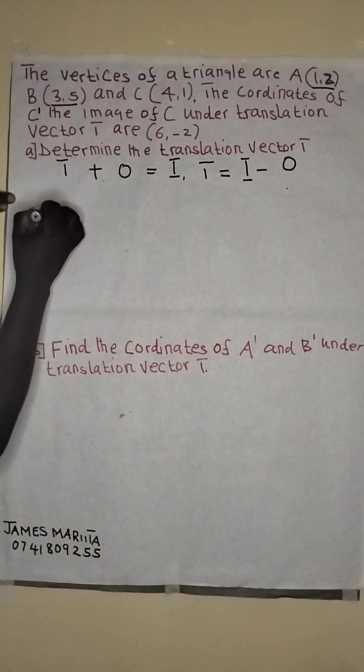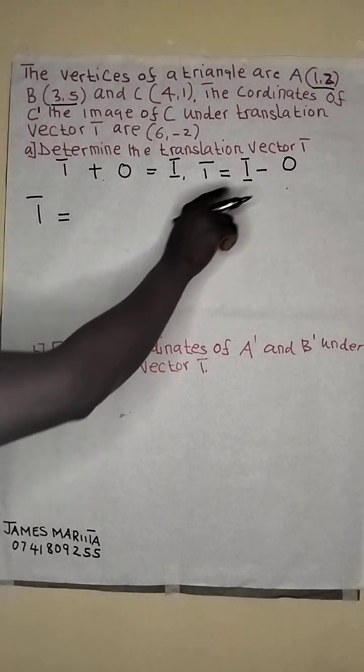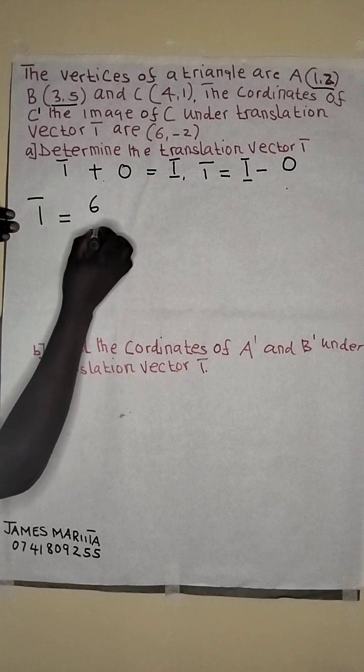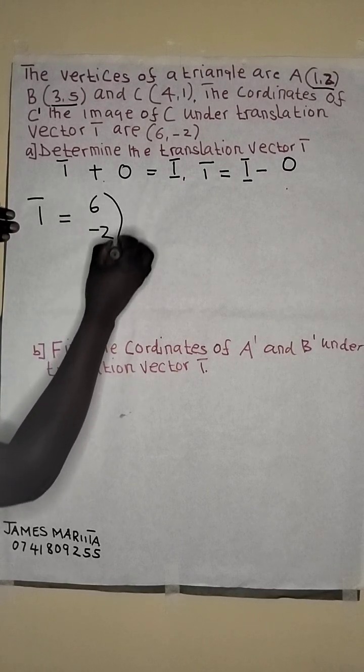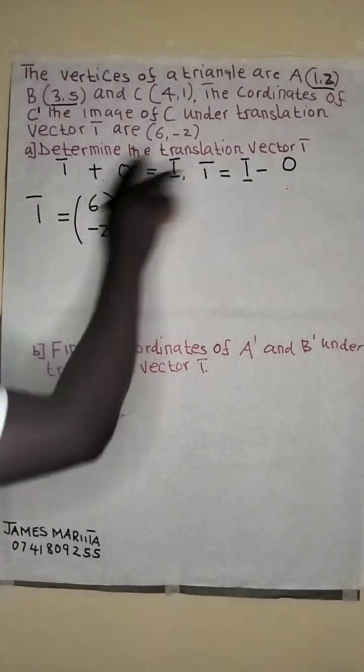Therefore, T equals the image coordinates (6, -2) minus the coordinates of the object.